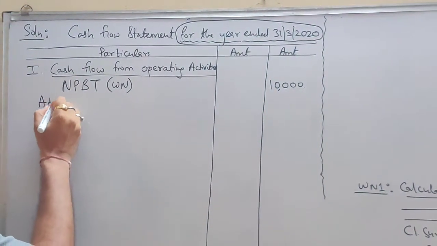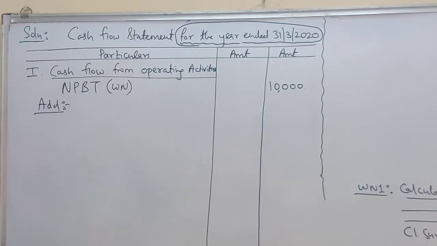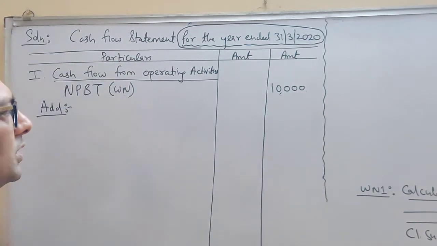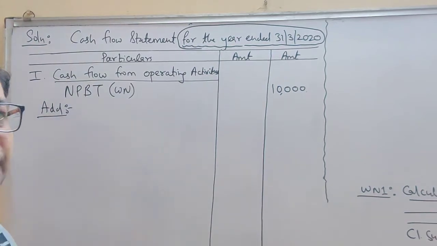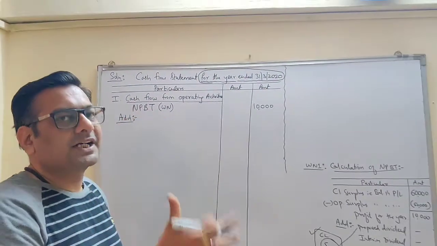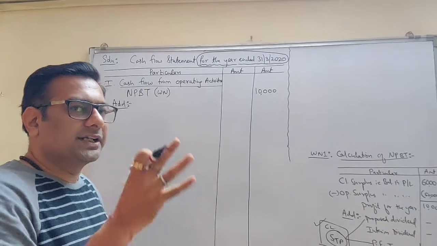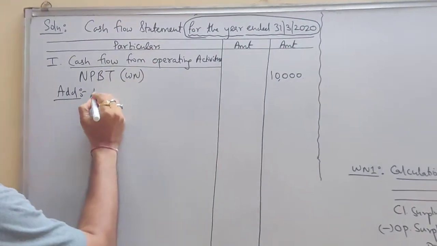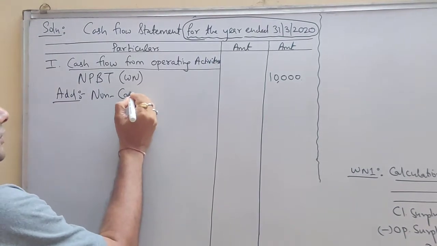Then what is the next heading, students? We have done this operating activity. We have done all the activities individually. So what we are doing in this class today is clubbing all our understanding together, putting all of it in one sum. So what comes next under operating activity? Yes, student, correct.